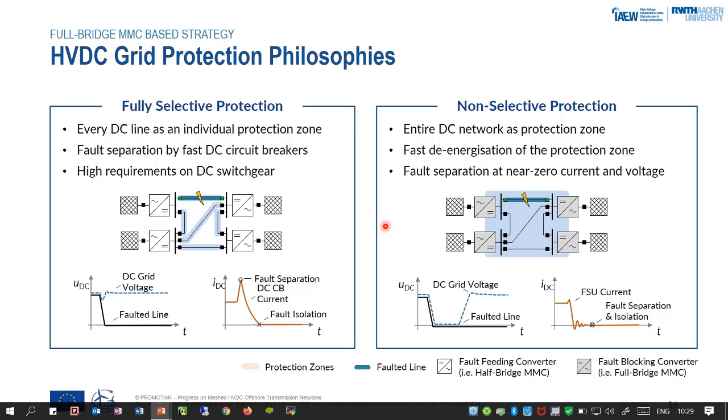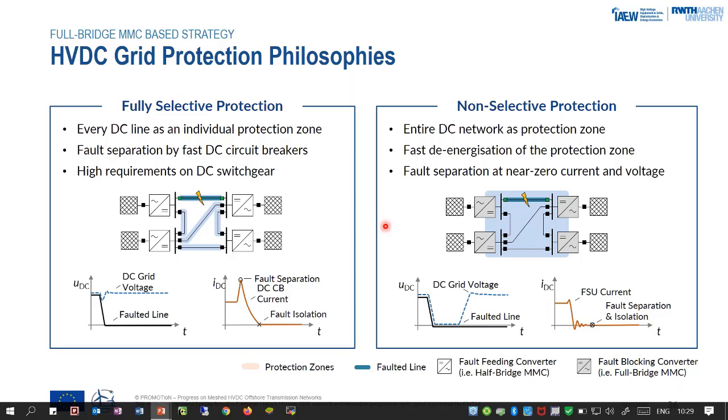Moreover, to limit fault currents, we need inductive termination at every line end, so large current limiting inductors, and the breakers themselves might also require a lot of space and volume, and especially for our project where everything is focusing on offshore, weight and volume is key here. So overall, the size of the overall protection scheme within the DC system will be significant, and this might also lead to relatively high costs.